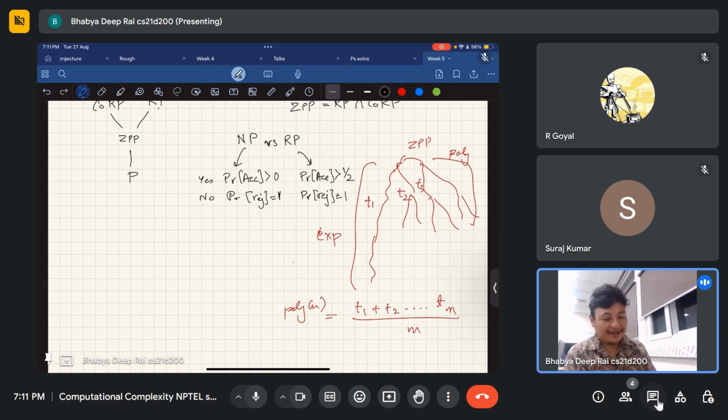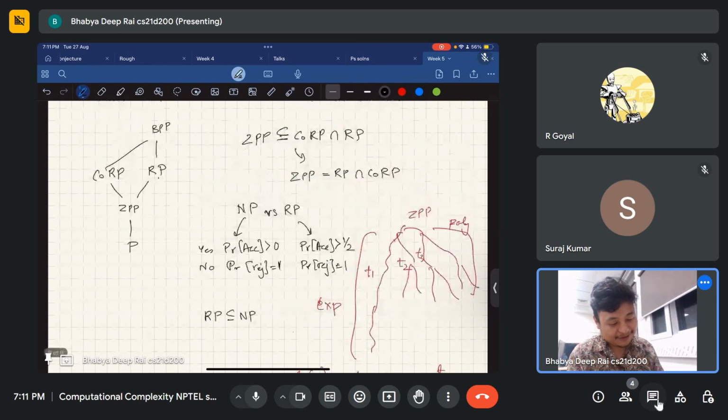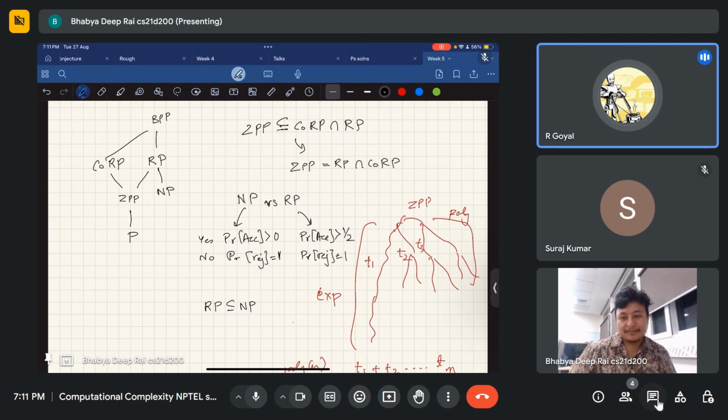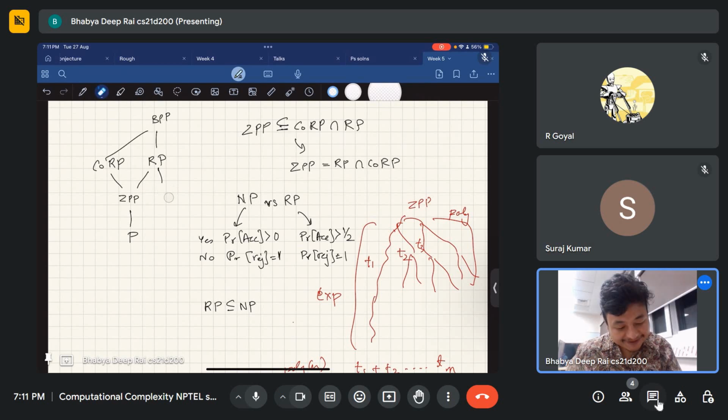So any RP algorithm is also an NP algorithm. So RP is contained in NP.